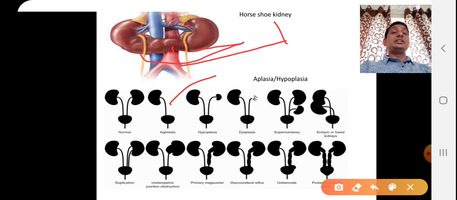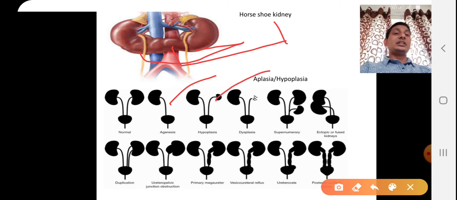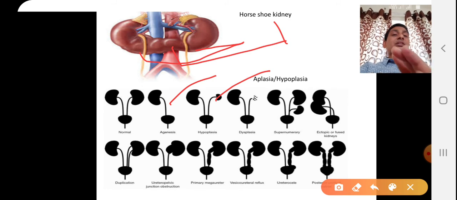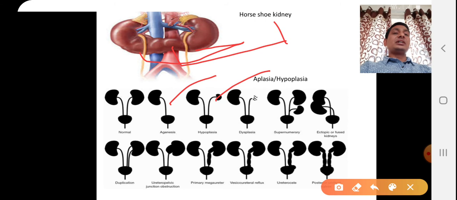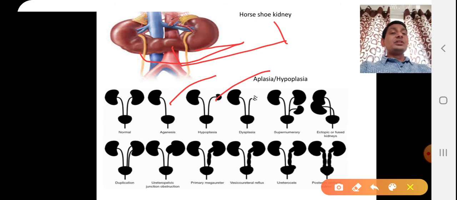This is a congenital deformity. And then hypoplasia, in which one kidney is of smaller size. In the slide, these are all the anomalies of the kidney.